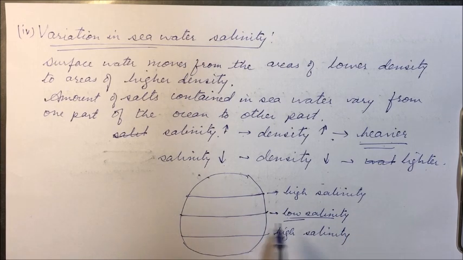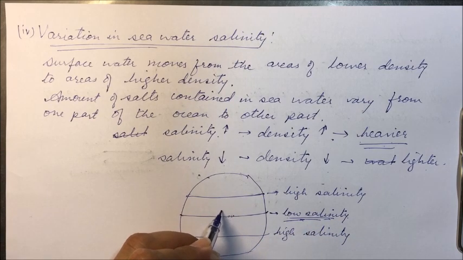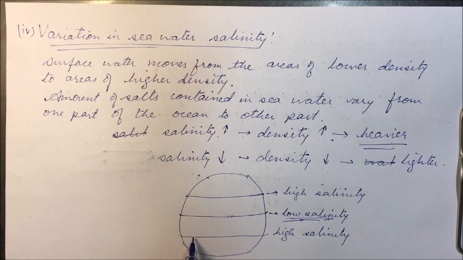At equatorial region, we have low salinity. Low salinity means here water will be lighter. Less dense water will be there. Being lighter, it will move on the surface towards the tropical regions.